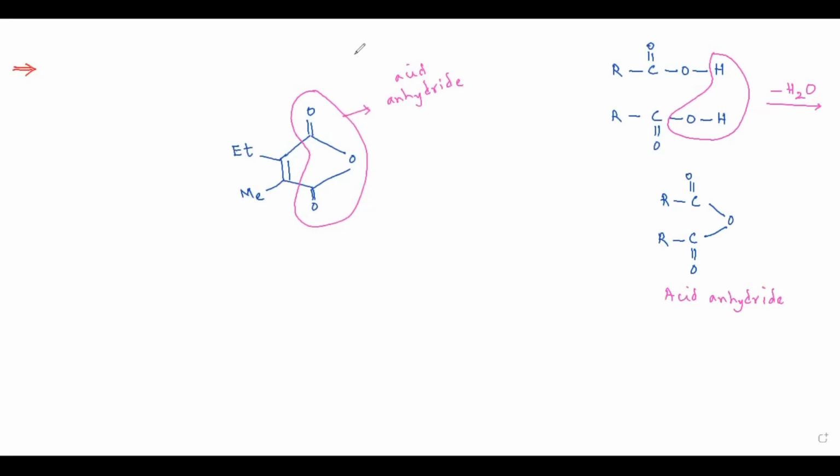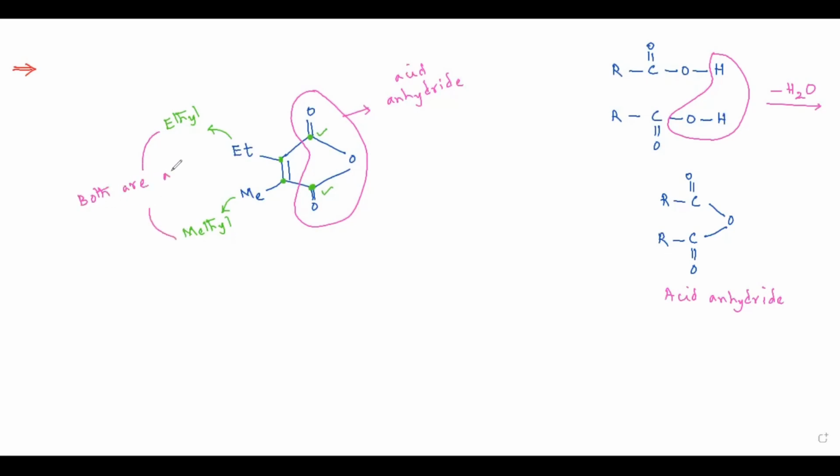Now, the point is whether to start giving numbers from this carbon or from this carbon. See, suppose if you start from this carbon, at the second position you got ethyl. And if you start from here, at the same second position you got Me, nothing but methyl. So both are at the second position from either side. There is a competition between these two.